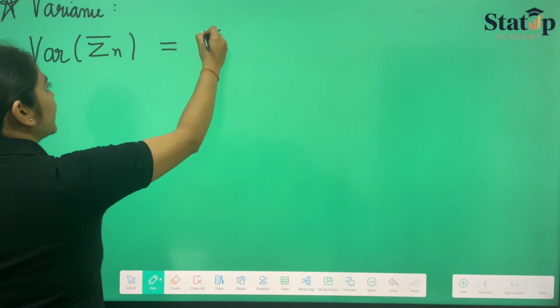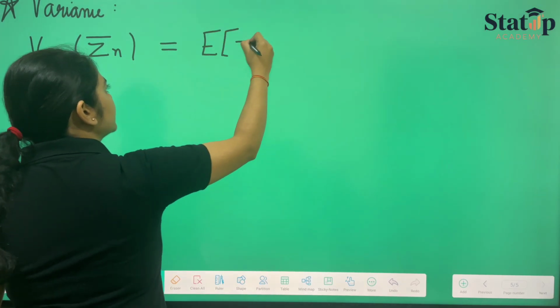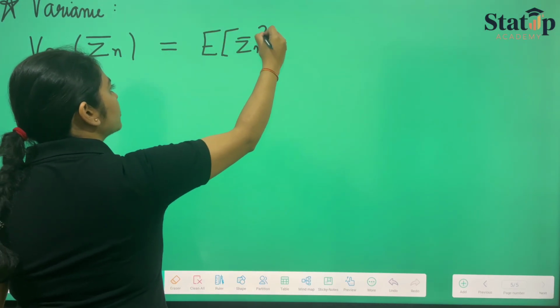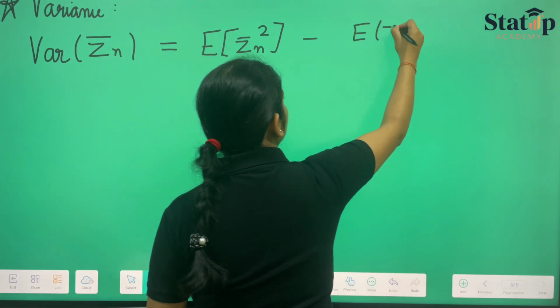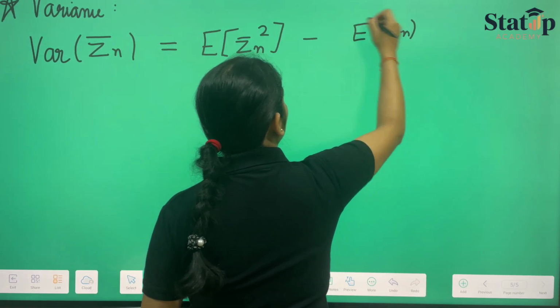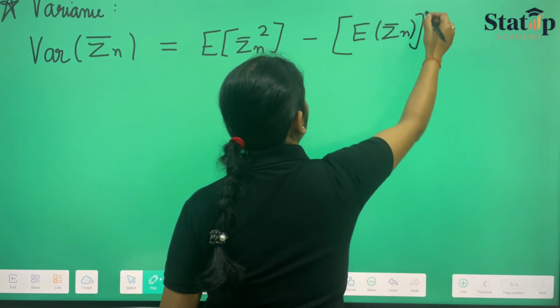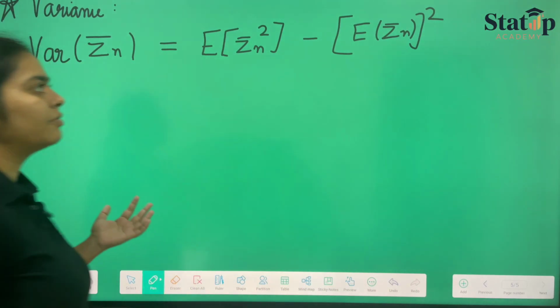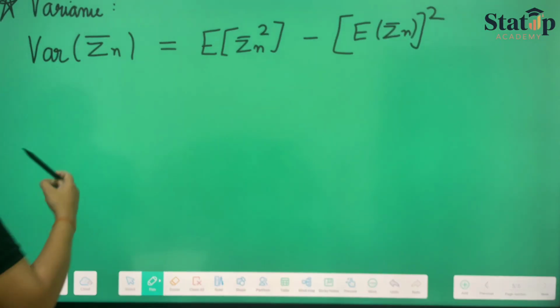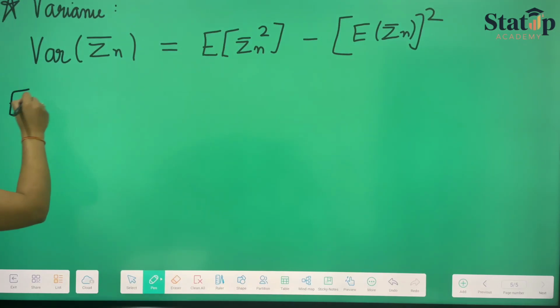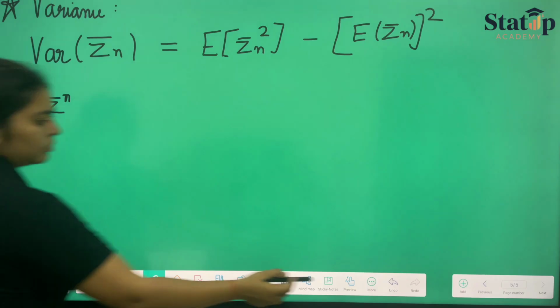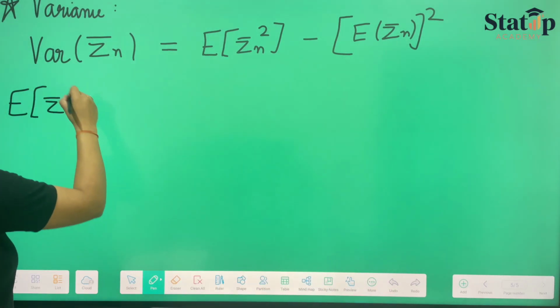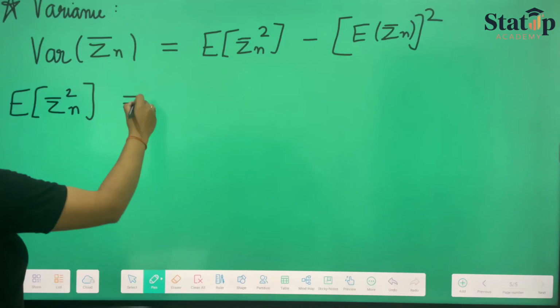So it can be expectation of z bar n whole square minus expectation of z bar n whole power 2. Now we have to calculate these separately. First of all, we'll calculate the expectation of z bar n whole square.